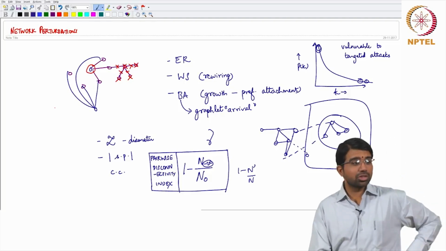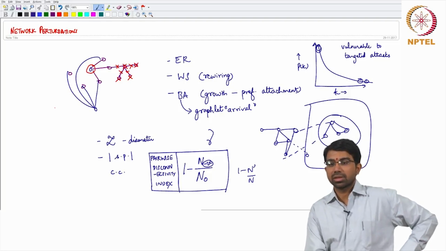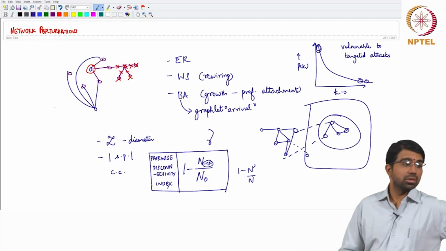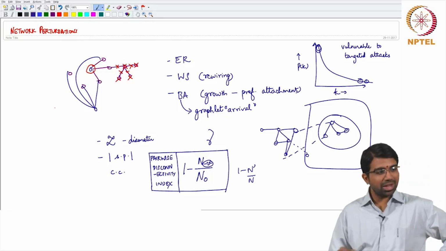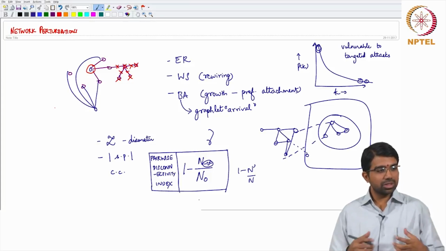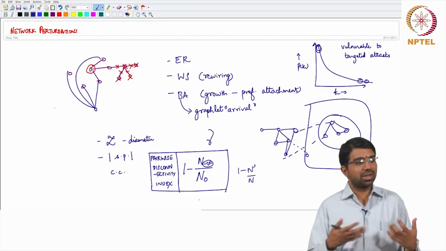If you have your all shortest path matrix, you can use it. So this looks at pairwise shortest paths. This somehow measures a pairwise disconnectivity.